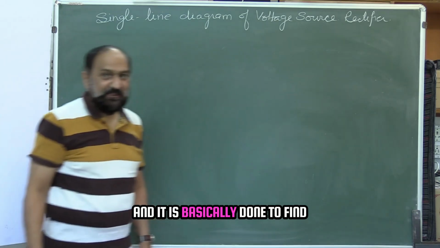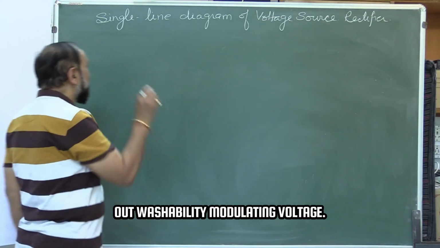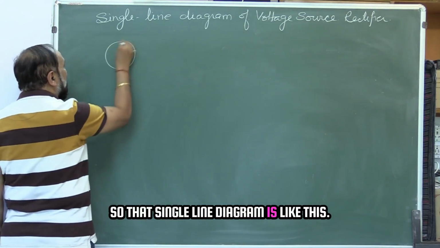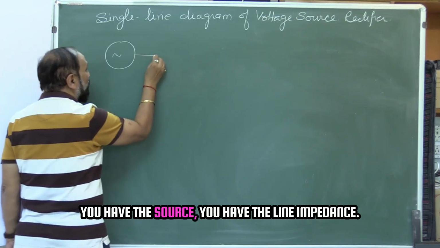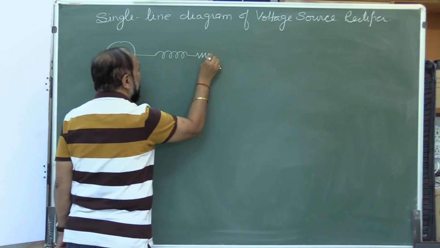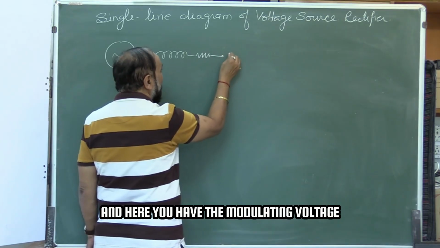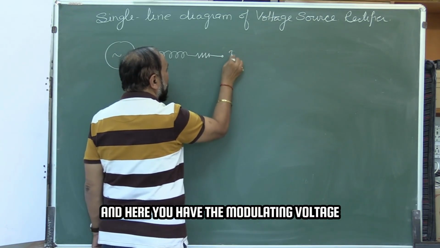It is basically done to find out what should be the modulating voltage. So that single line diagram is like this. You have the source, you have the line impedance, here the resistance is also considered, and here you have the modulating voltage V mod.